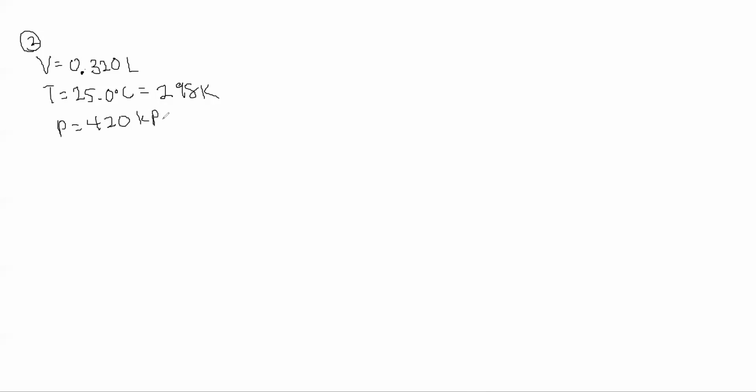Here we go. What amount of ethane gas is present in a sample that has a volume of 320 milliliters at 25.0 degrees Celsius, which is 298 kelvins again. Pressure is 420 kPa. Now, actually, I take it back.